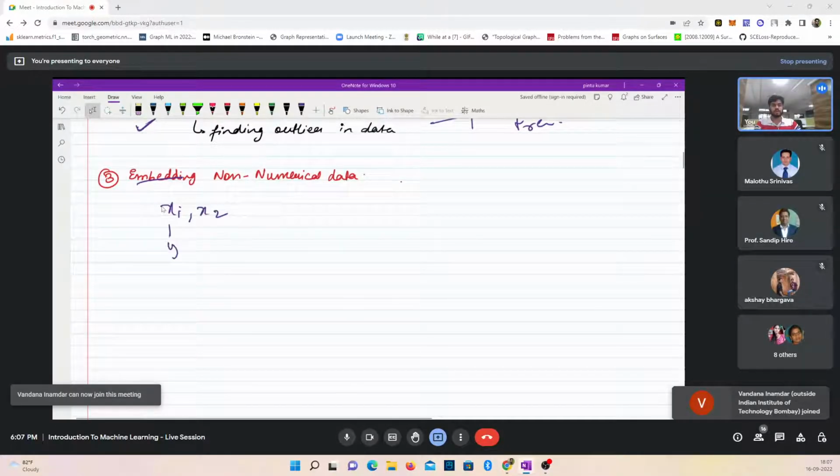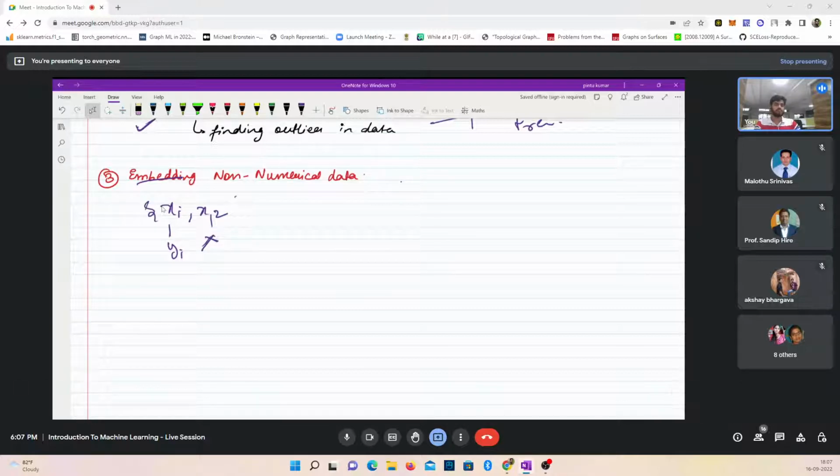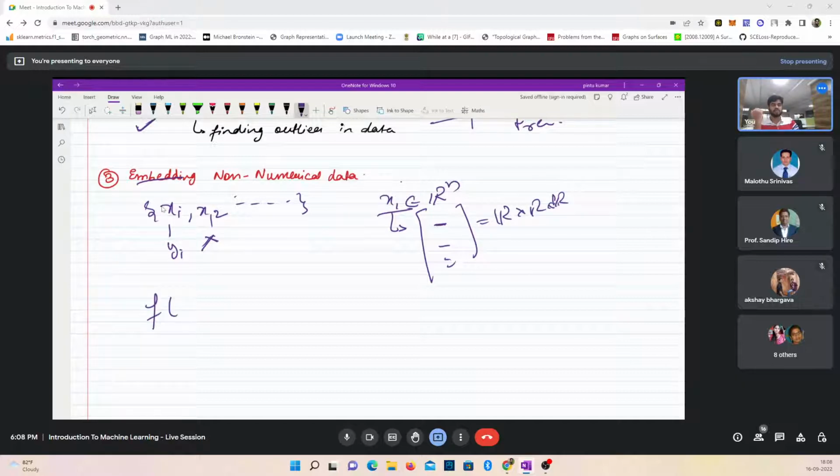In some places you had your labels along with them, in some places you didn't, but you had some data points. These xi generally belong to some Rn space, so all these values were vectors, in some R cross R cross R. So what was your task? Your task was to learn a function f so that if you input something to it, it can give you a proper output.